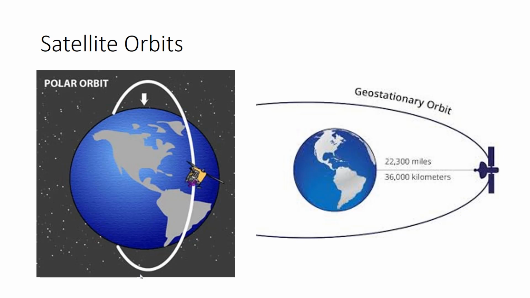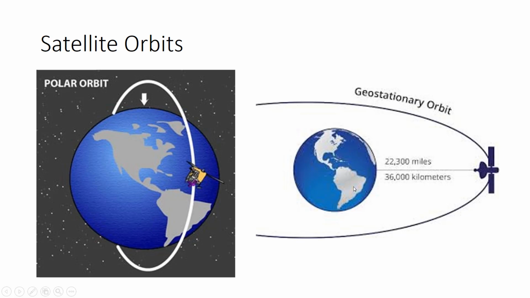Well, thankfully we have a second type of satellite that can help us with that, and it's called a geostationary satellite. Instead of orbiting in a polar path, it orbits in a path that is much more parallel with the equator. Geostationary satellites orbit at the same speed that the Earth is rotating.